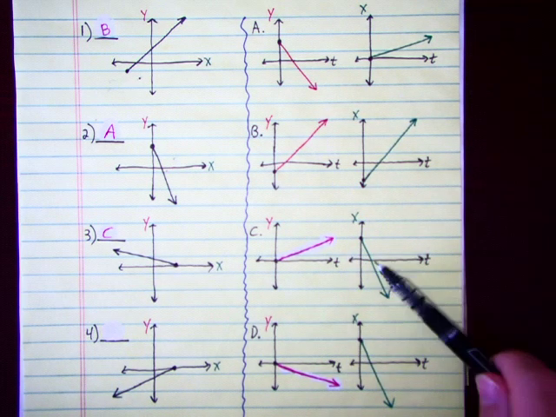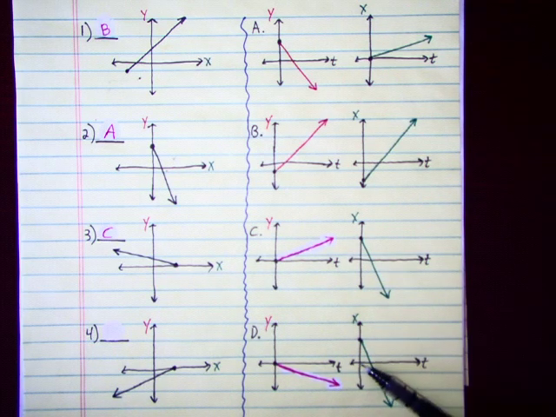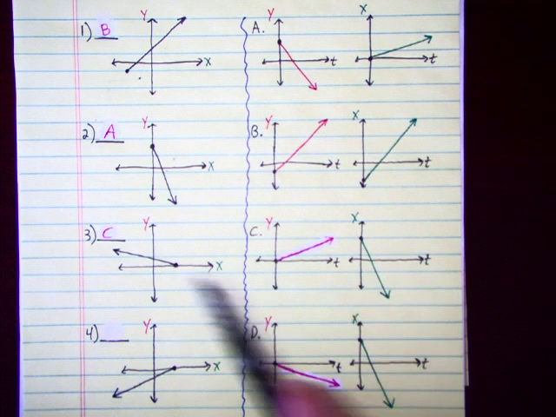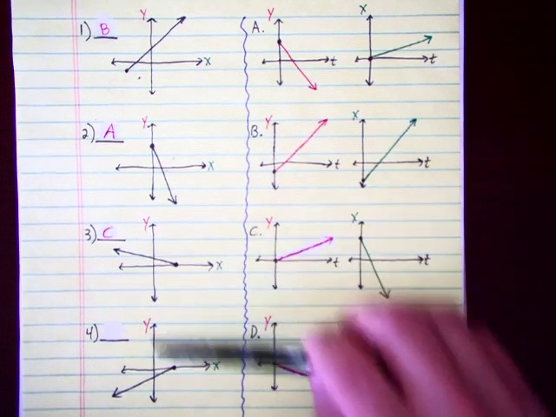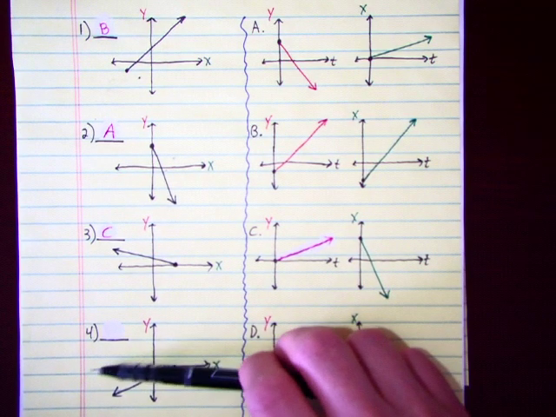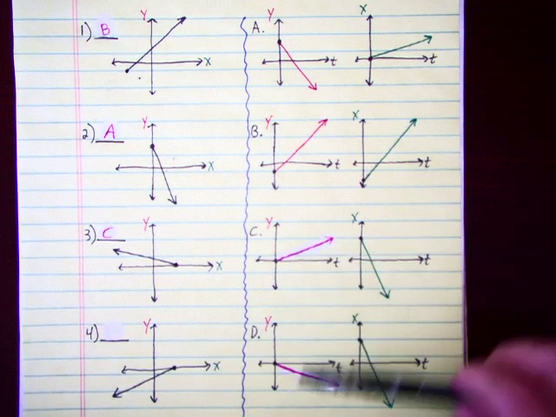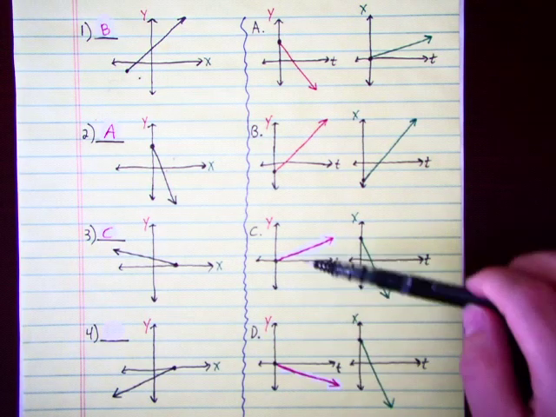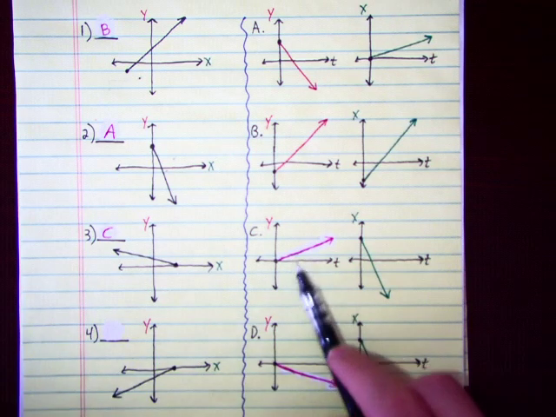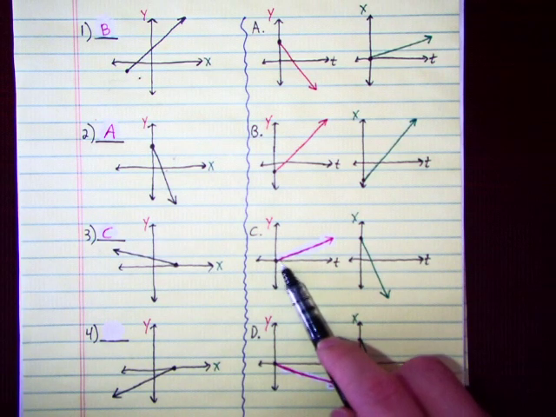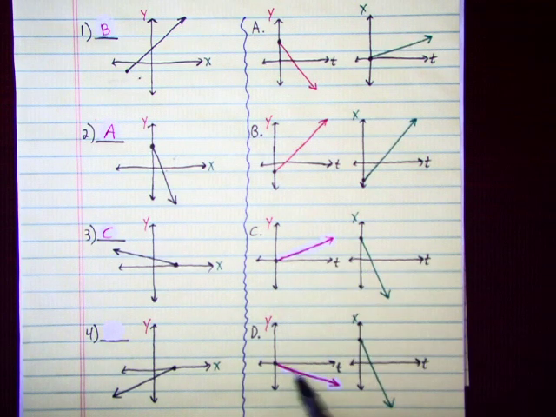If we compare these two graphs, we see that they have the same slope, indicating that Vx, the x component of velocity, is the same for these two. Our x component of velocity is the same here and here. Comparing these two graphs, we see that they have the same slope, but just one is the negative of the other. So this graph, y is increasing slowly, here it's decreasing slowly.